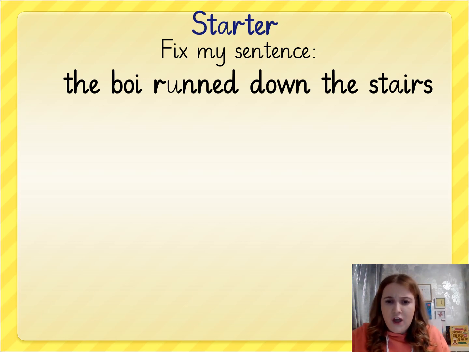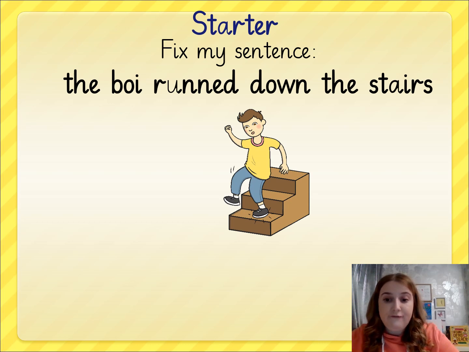But that verb, runned, isn't right. If somebody is running or the verb is to run, when I use it in the past tense, it's not runned. I wonder if you could figure out what it is. There's also 3 other mistakes in that sentence. Pause the video here and have a go at writing out that sentence correctly for me. Pause the video and complete that now.